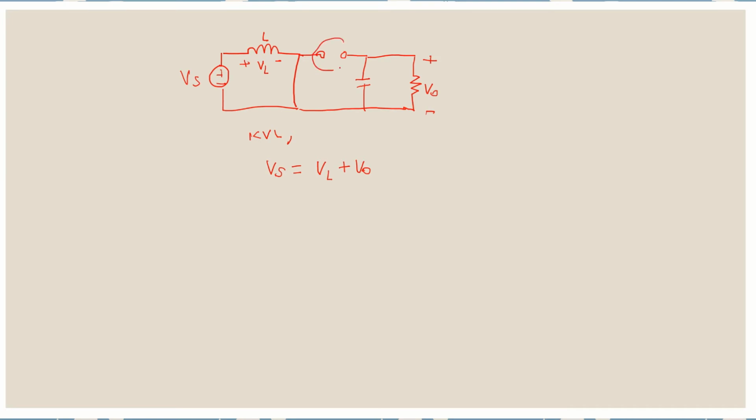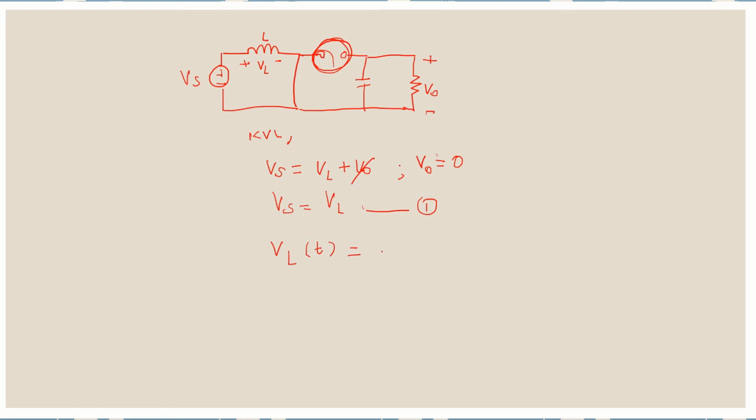Here you can see that it has become an open circuit, so the Vout is now 0. When there's an open circuit, automatically Vout is 0, and you can say that Vs equals VL. That is the first equation that you get from the circuit. The second equation, do you still remember these equations?